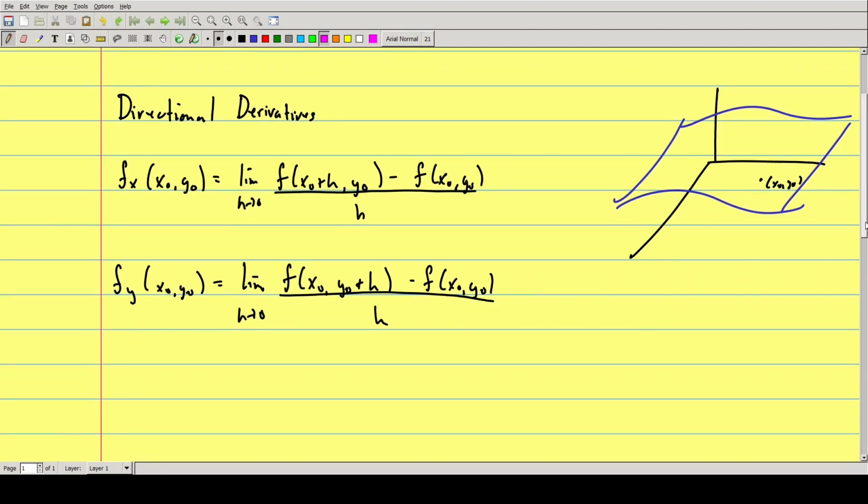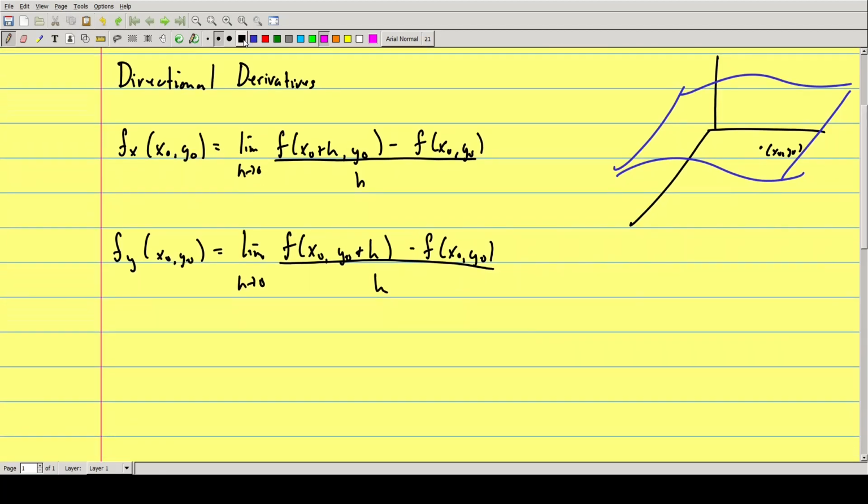And the notation that your book uses for this looks like this.